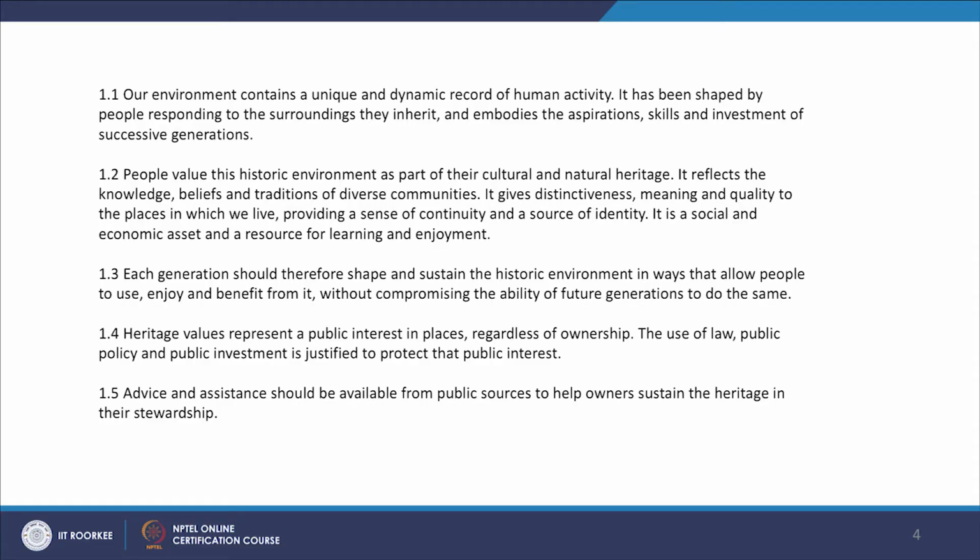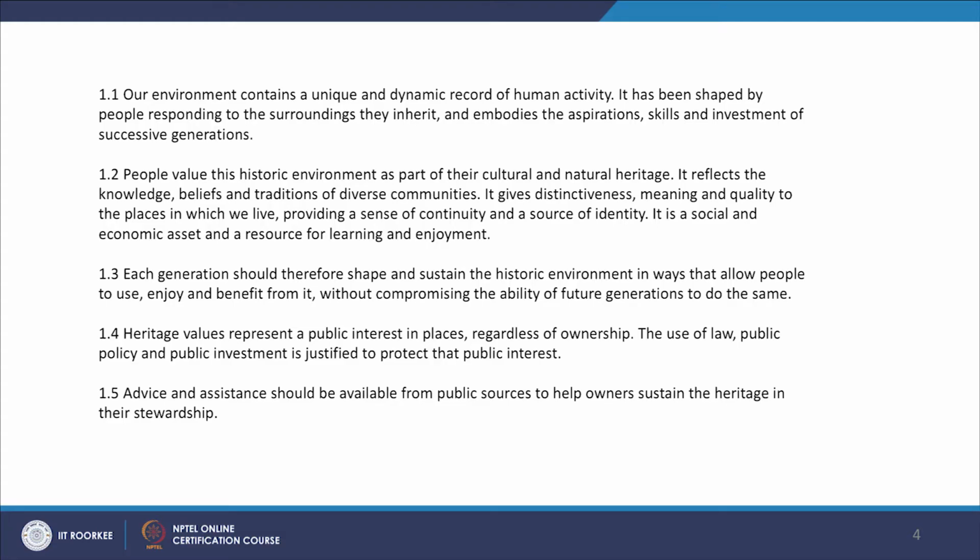In the previous classes, we discussed the landscape component, the enacting landscapes and sacred landscapes, and how customs and traditions make a foundation to give certain identities. It gives distinctiveness, meaning and quality to the places in which we live. All these together collectively frame the structures that define the identity of a place.